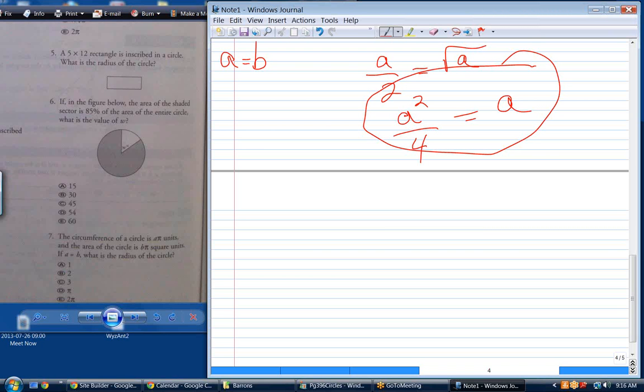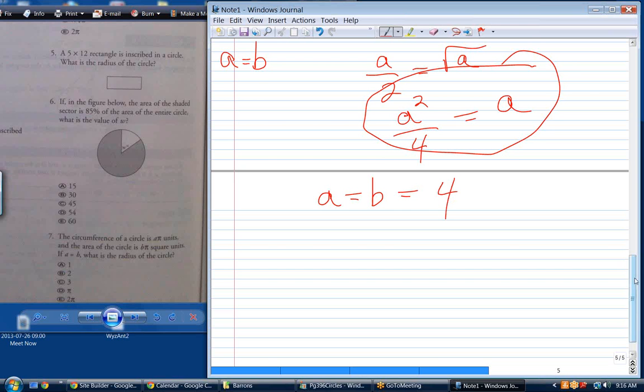Because that's what I first tried also. And it doesn't work. In other words, 4 over 4 is not equal to 2. So what else might A be? 4? Yeah. 4 works perfect. 4 squared over 4 is equal to 4. So A equals B equals 4.